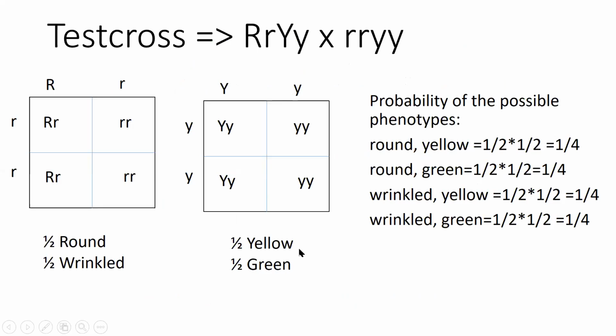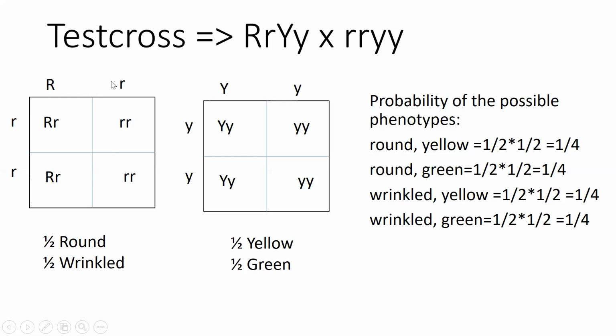So in this case, to do a test cross, it's essentially doing one of these crosses with the homozygous recessive for both traits. So I do it this way to leave it a lot less complicated.